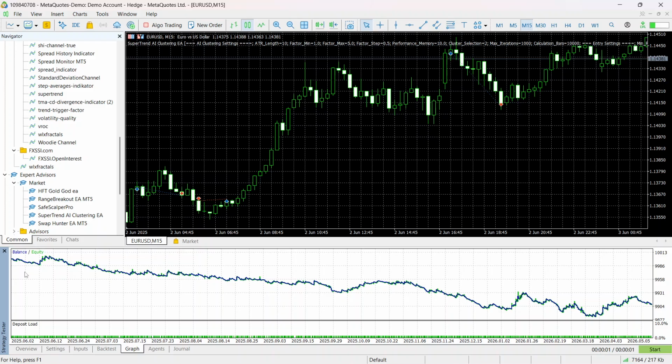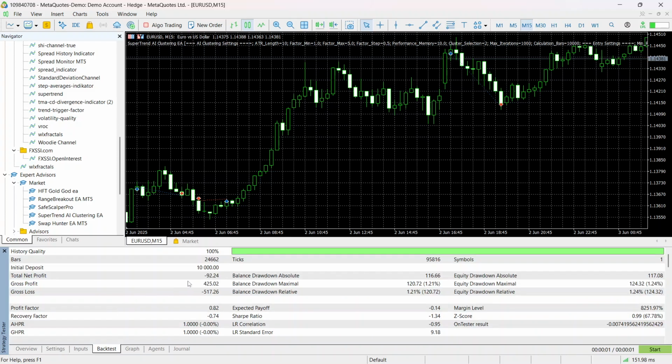Going over to the equity curve, you can see it's trending downwards with small uptrends followed by downtrends, and overall the general trend is bearish or downward. You can see recovery bounces here and there, but the general direction is lower, with periods of chop where it just grinds.